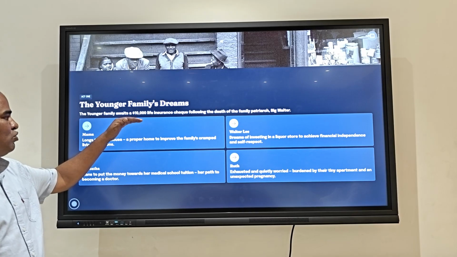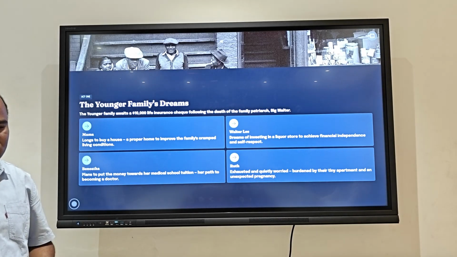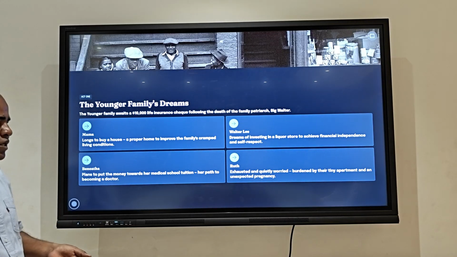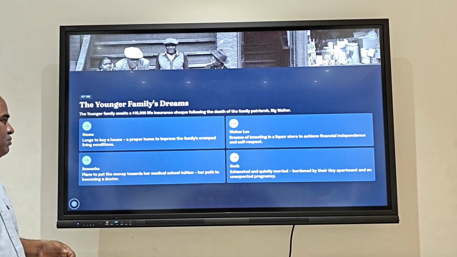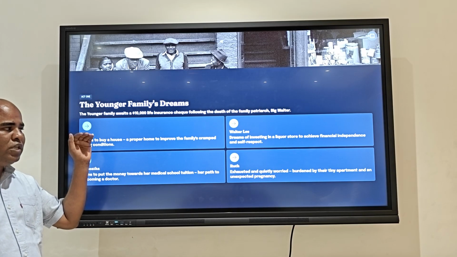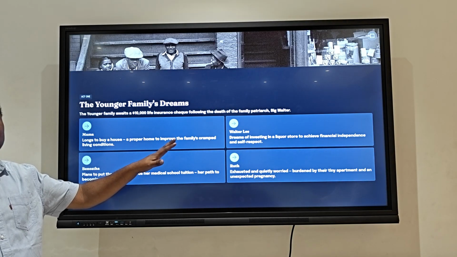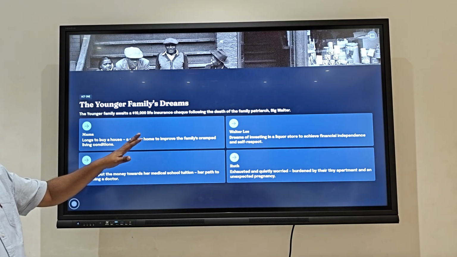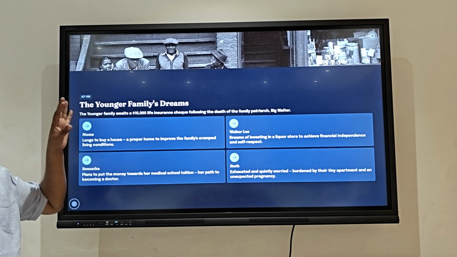So the $10,000 which they are going to receive, in fact, Mama is going to receive that amount because she is the nominee of the claim. She is the nominee of that particular policy, and so each of them has a dream which they want to fulfill out of the sum which they are going to receive. For example, Mama. Now, what is her dream?